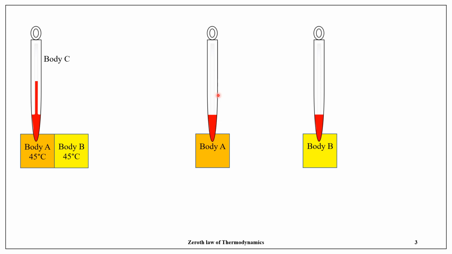Here a thermometer is inserted in body A and a thermometer is inserted in body B. Right now, we don't know what is the temperature of body A and body B. And if the temperature of body A and the temperature of body B read by the thermometers are equal, then we can say body A and B are in thermal equilibrium even though they are not in contact.